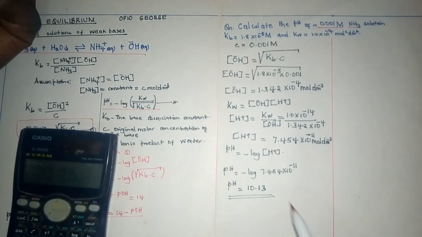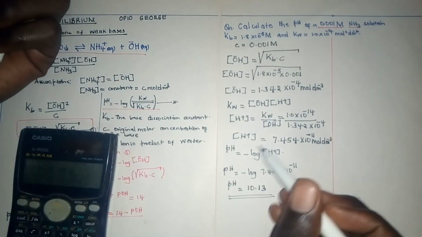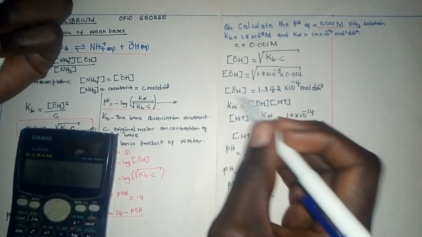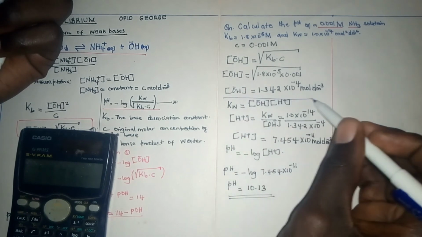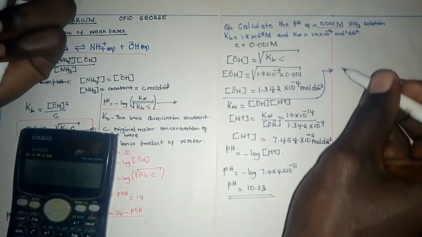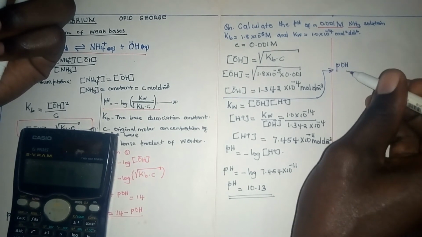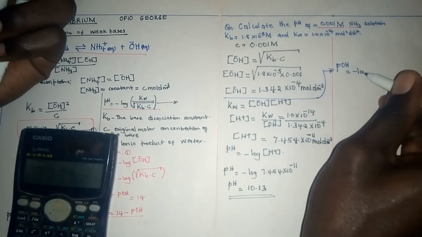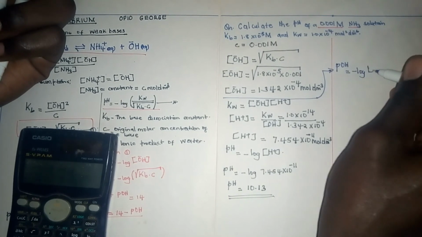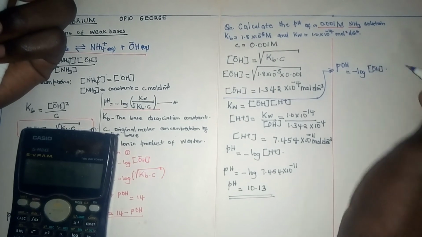So if you don't want to use all this approach, the simple way you could do this is, after obtaining the molar concentration of the hydroxyl ion from this part, you would simply come here and say pOH is given by negative logarithm to base 10 molar concentration of hydroxide ion or hydroxyl ion.